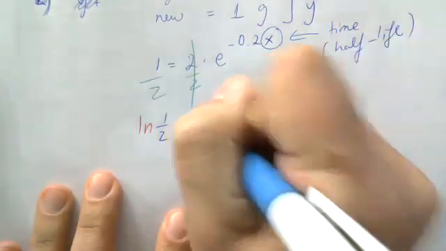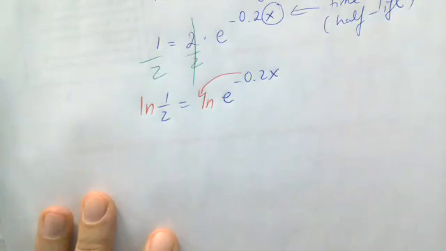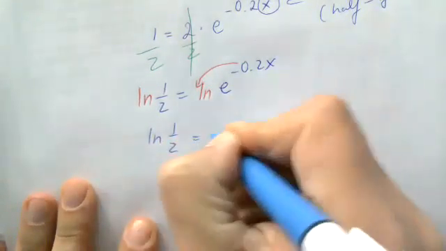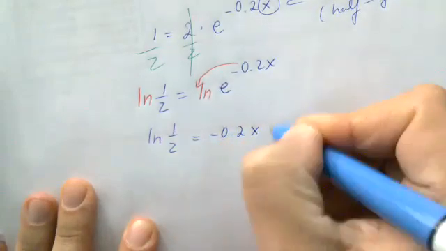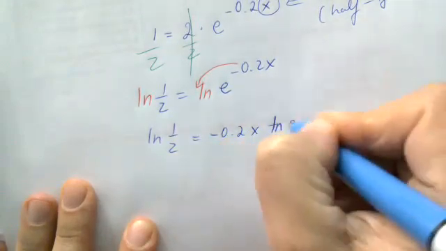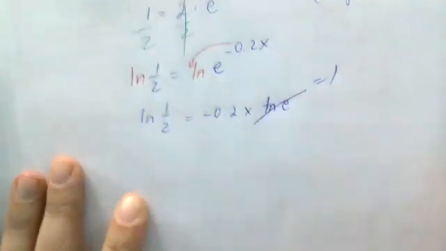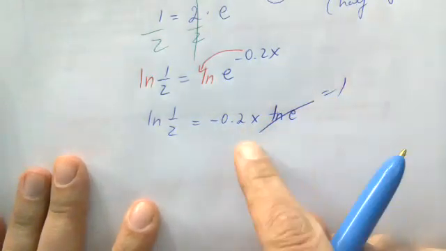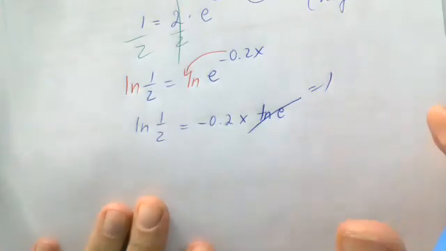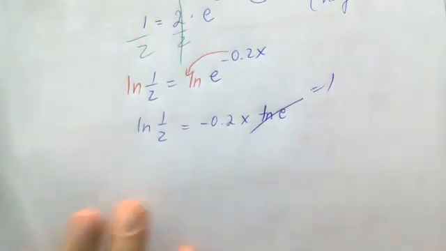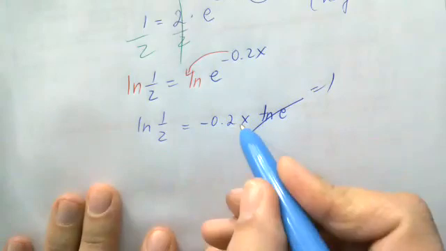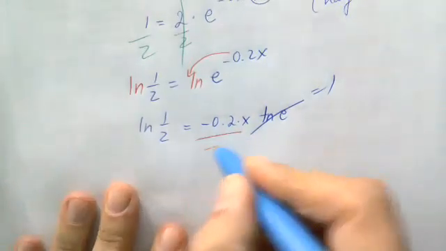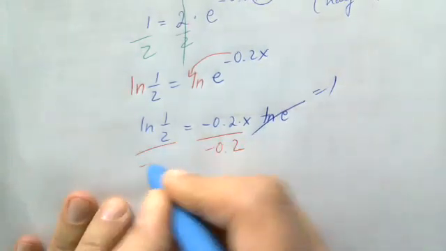Then we drop the exponent there, and ln of e disappears because it equals 1. 1 times x is still x. And then to isolate x, we have to divide both sides by negative 0.2.